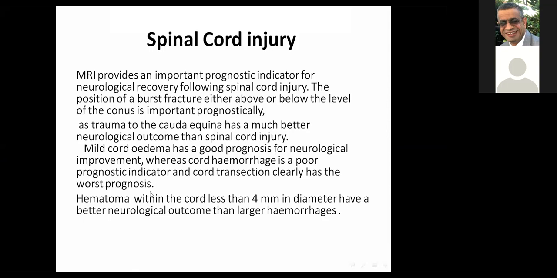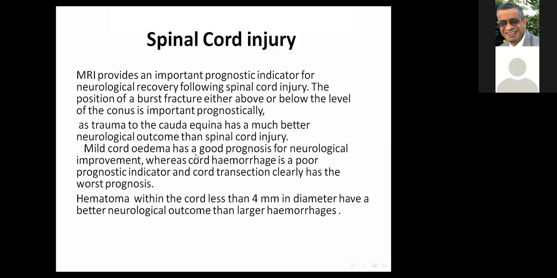Spinal cord injury: MRI provides important prognostic indicators for neurological recovery following spinal cord injury. The position of the fracture, either above or below the level of the conus medullaris, is important prognostically. Trauma to the cauda equina has a much better neurological outcome than spinal cord injury.